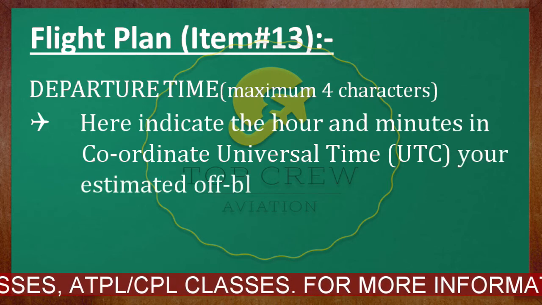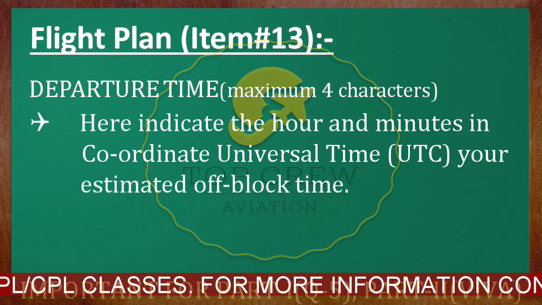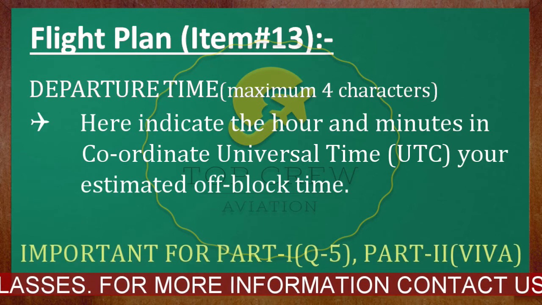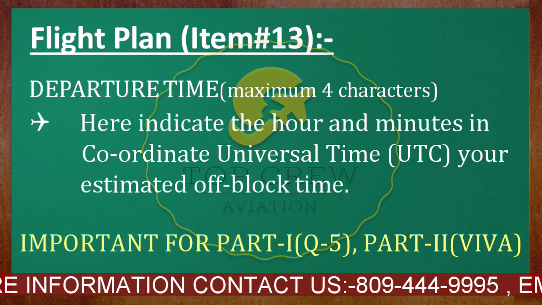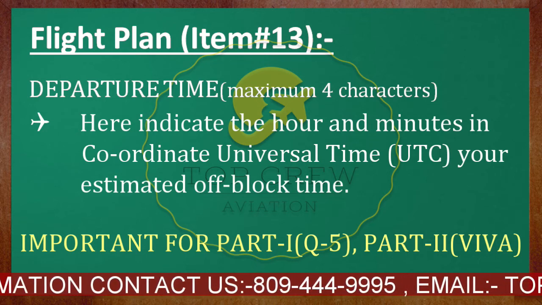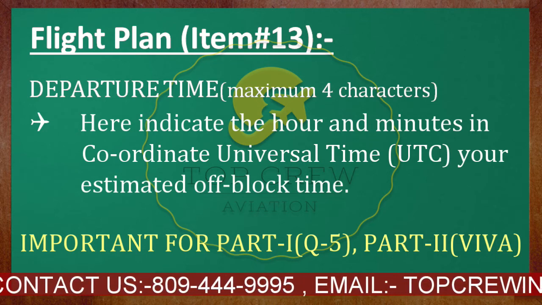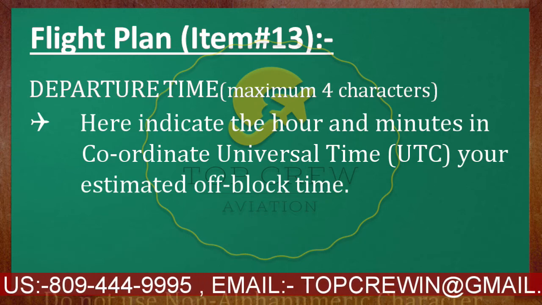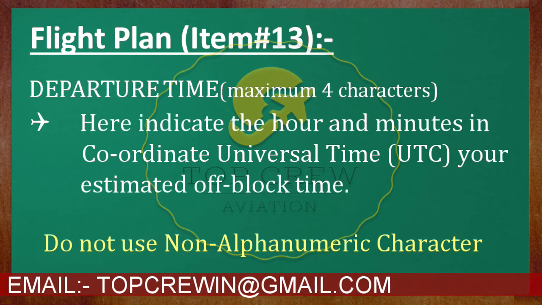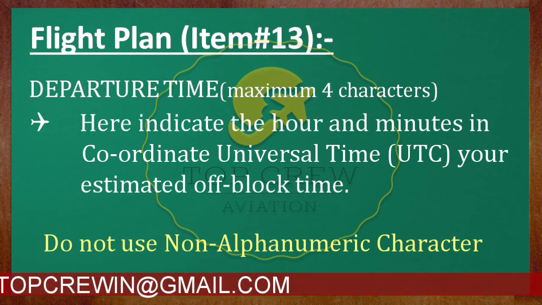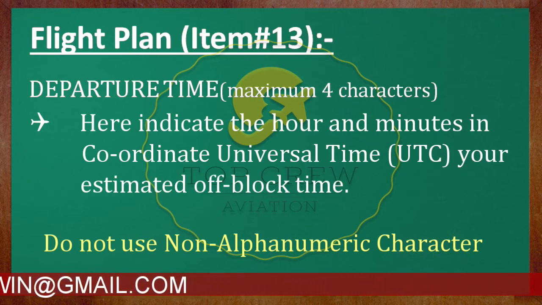It is also important for your part 1 question number 5, part 2 Viva, your DGCA navigation question paper for CPL and ATPL. Alright guys, so it is your estimated off block time. Do not use non-alphanumeric characters, they will not be accepted or printed guys. So that's it about item number 13.